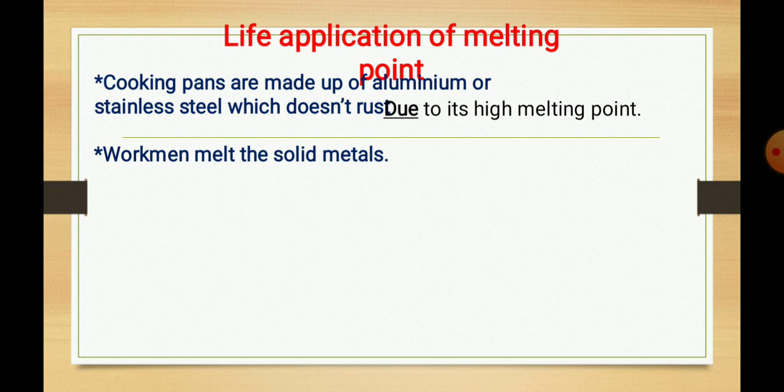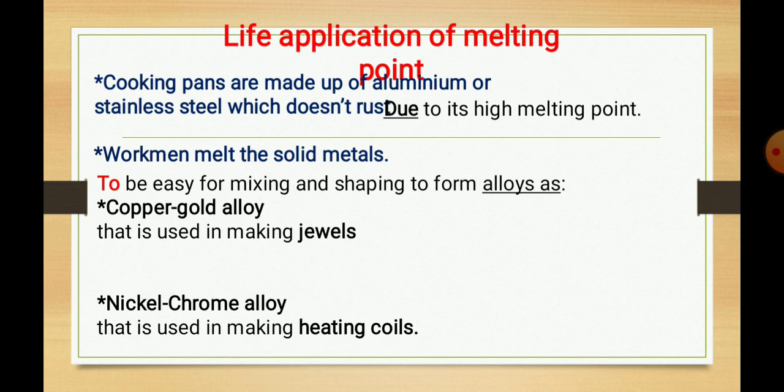Give reason: to be easy for mixing and shaping to form alloys, such as number one, copper gold alloy that is used in making jewels. Number two, nickel chrome alloy that is used in making heating coils. Okay.